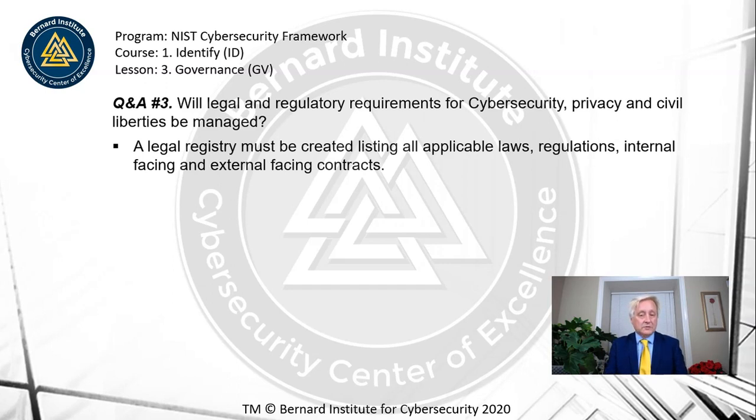A regulation might be something like the PCI data security specification. PCI is not a law, it's a regulation, and people need to follow that, as well as doing SOC audits and reviews. The SOC is not necessarily a law, but it's a regulation that needs to be followed.